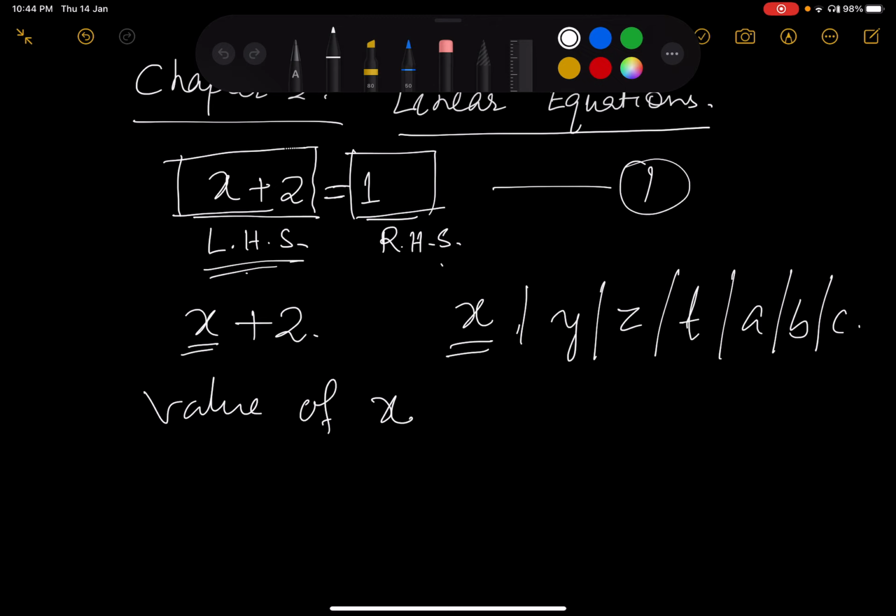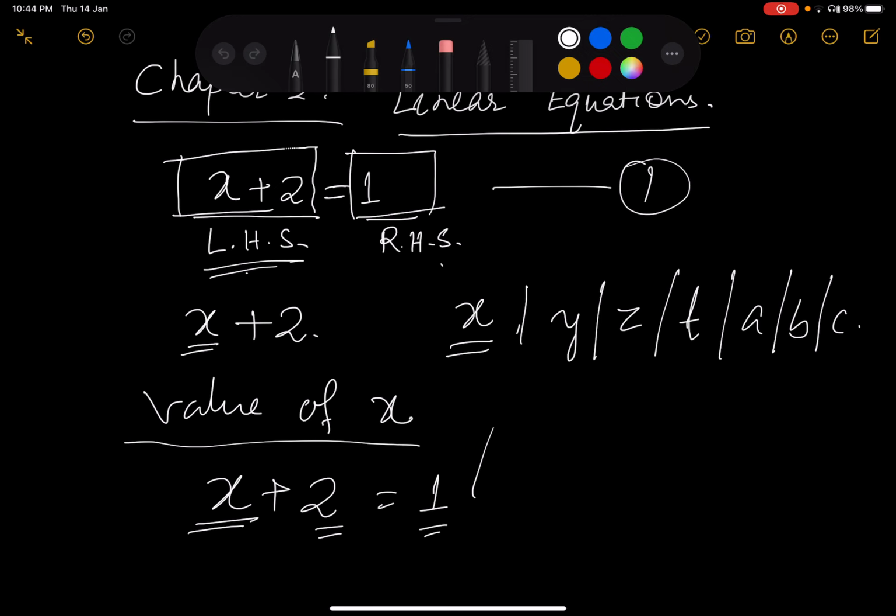So, how to solve this kind of equation? We use transposition. When I write this equation x plus 2 is equal to 1, you can see that x is the unknown number, 2 is a number, and 1 is also a number.